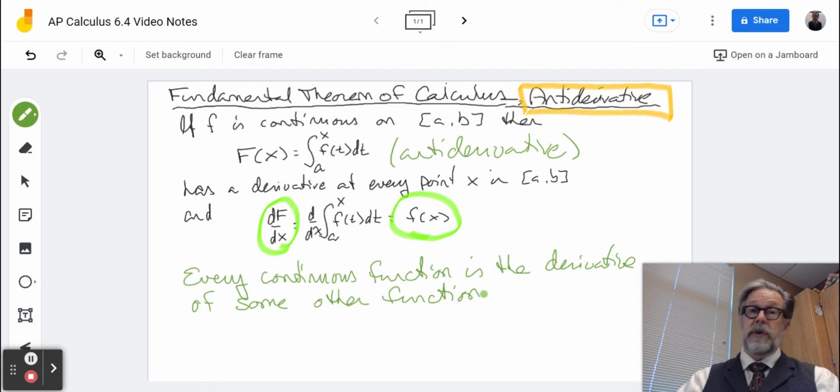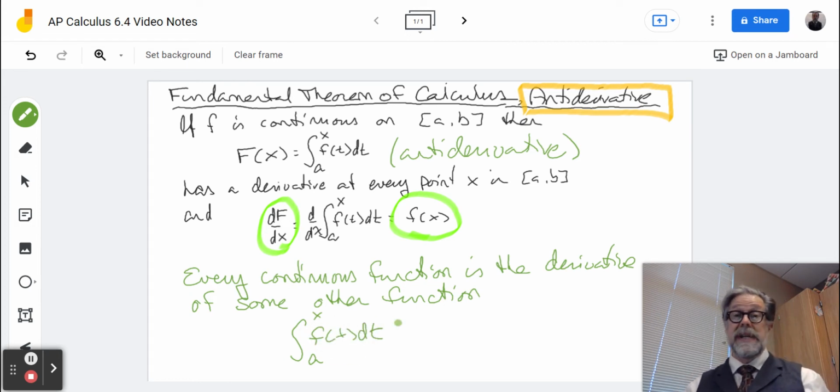And the other function is defined as the integral from a to x of f of t dt. Every continuous function is the derivative of some other function, that other function being what we call the antiderivative.